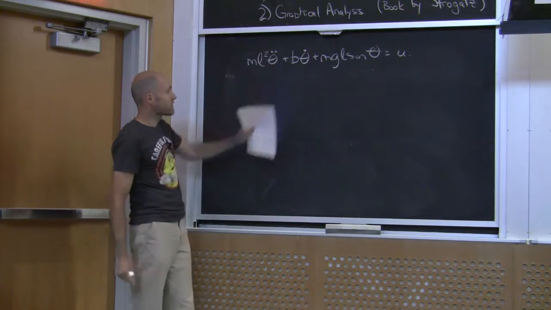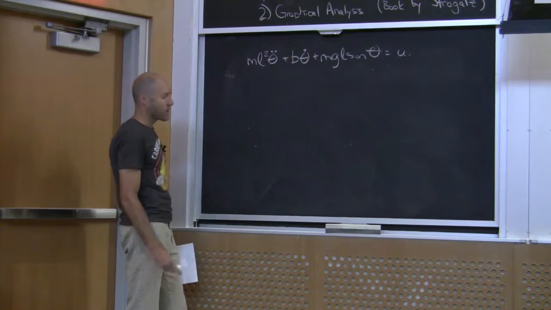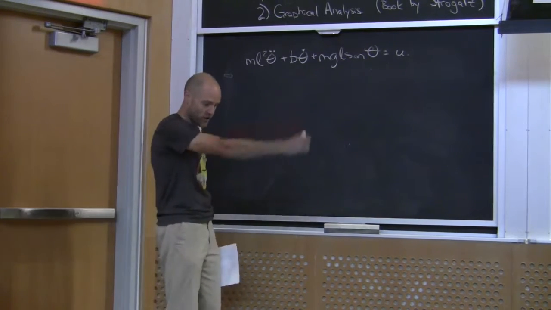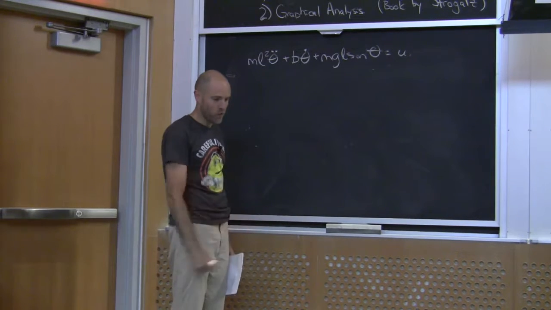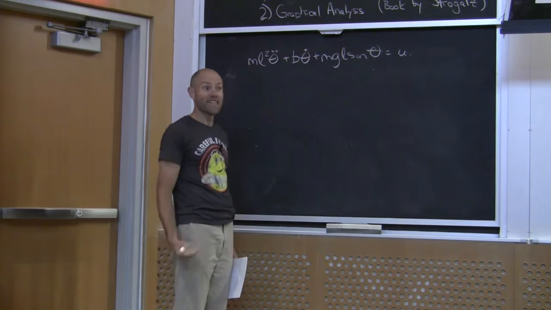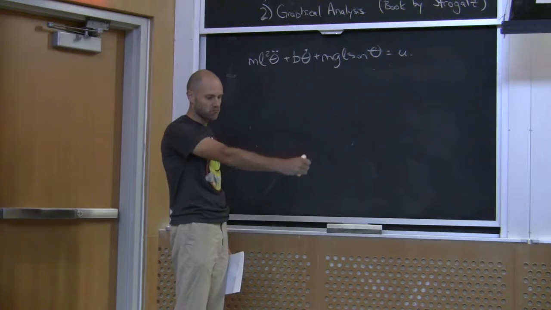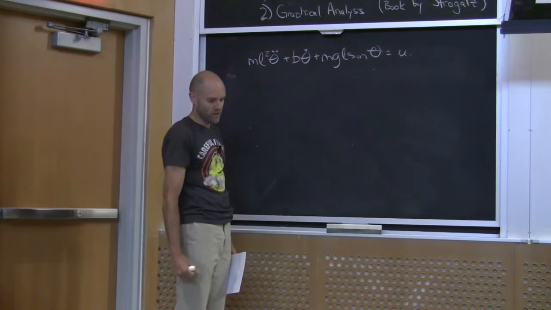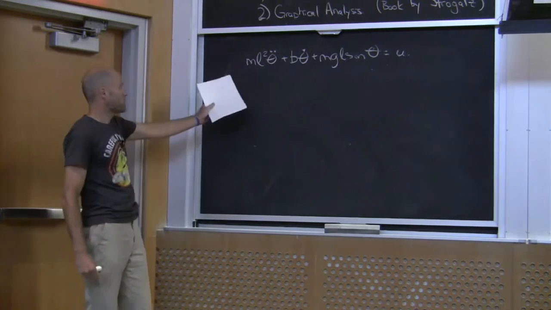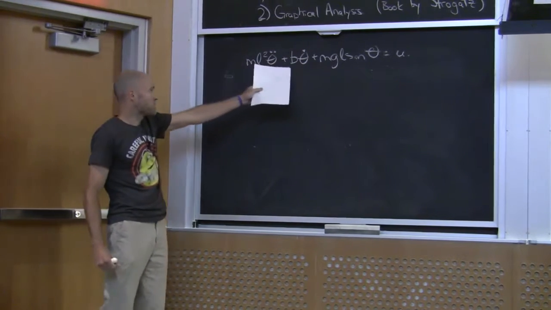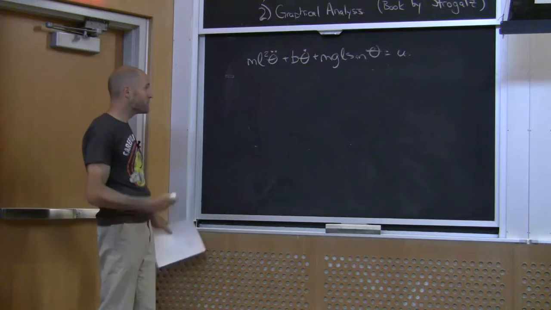Okay, so let's make this a little bit simpler. In general, the pendulum can do lots of interesting things. I don't want any of this. I want the case where the system is heavily damped. Okay, so I want it to be kind of slow and pretty much get rid of all the oscillations. So, M is my mass, L is my length, B is my damping term. So roughly I want B to be big.